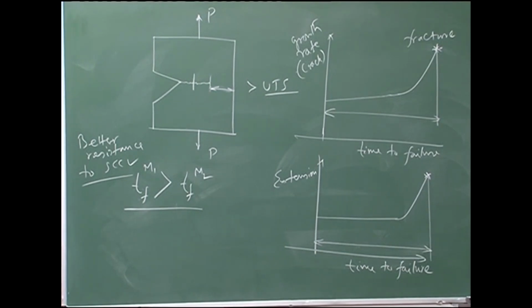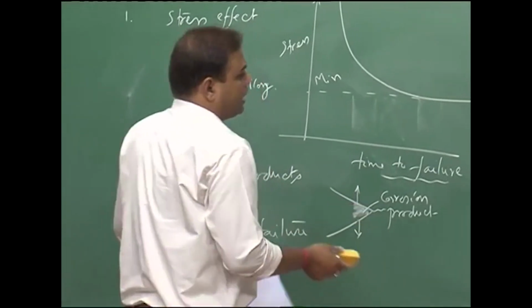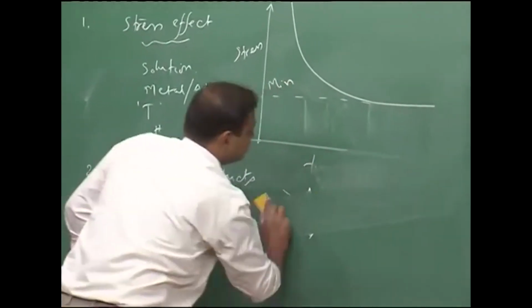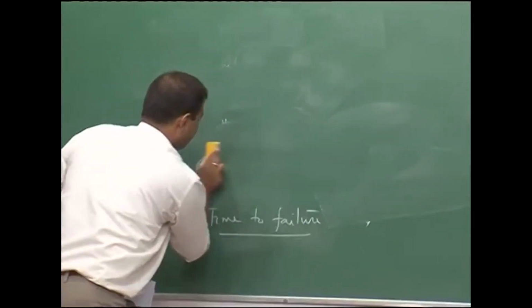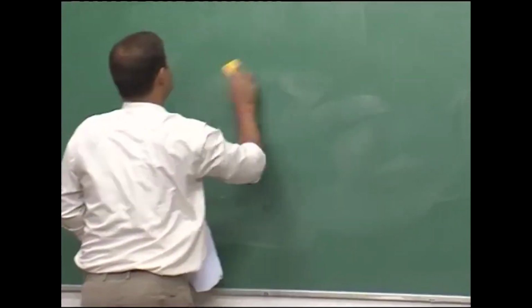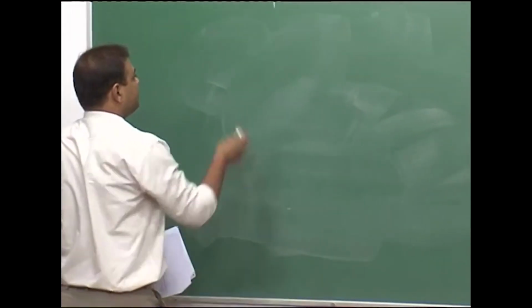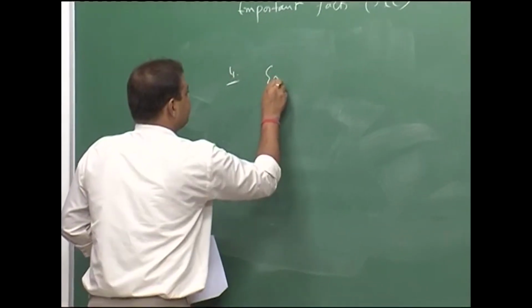Then of course, there would be environment factors, which are to be considered while judging the SCC character of a particular metal or object. So, the fourth one is environment factor.